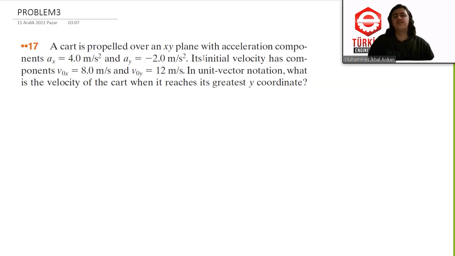Yes, this will be our last problem for this section: acceleration in a plane. So a car is propelled over an xy plane with acceleration components. I have an acceleration in x and I have an acceleration in y. These are given, and its initial velocity has components, which you can write as v sub 0x or v sub initial x, v sub ix.